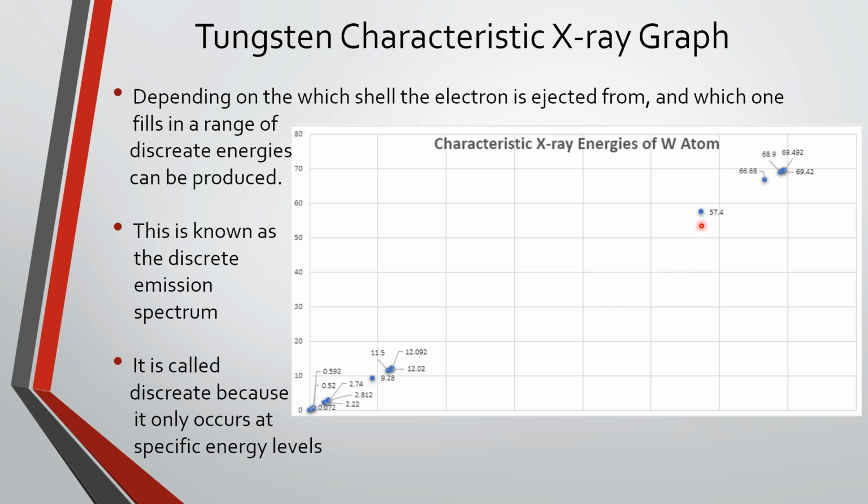This is where the L shell fills in the K shell, and more of the outer shells fill it in. Then these are the L shells, and then M, N, O, and then P. They're all grouped together a bit, if you can tell. These are all the K shell energies, the L shell energies.